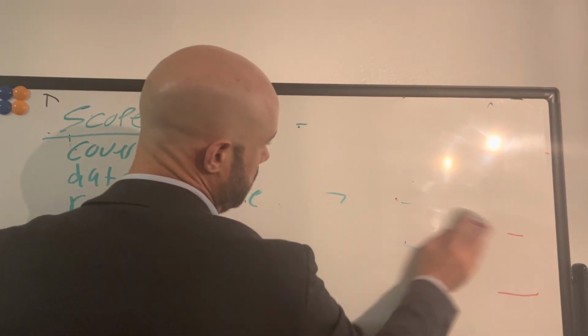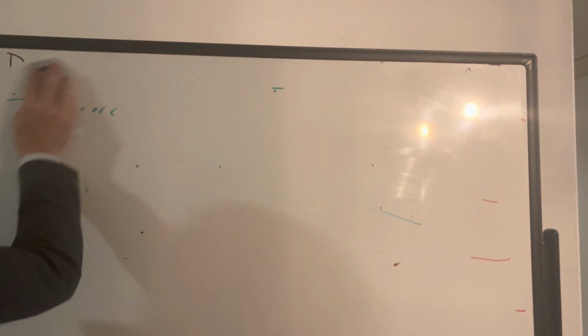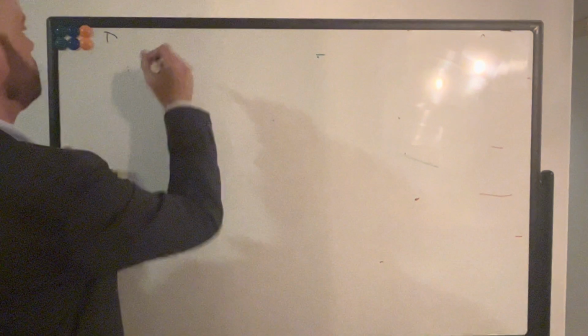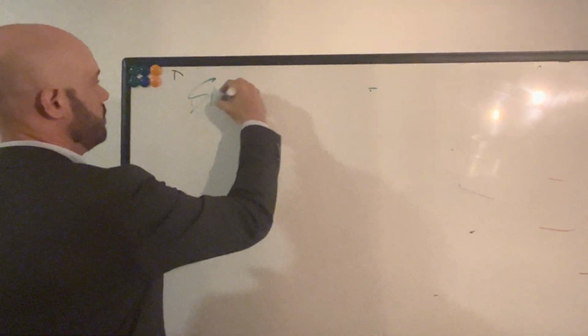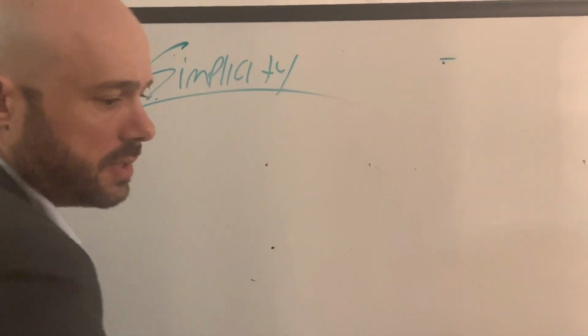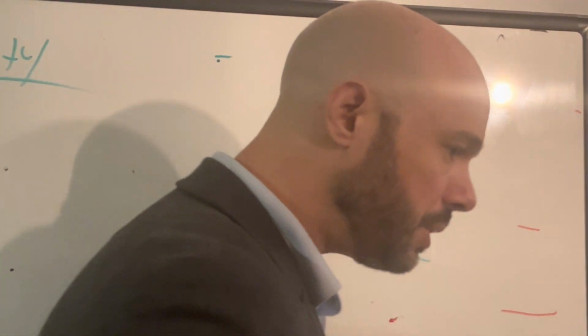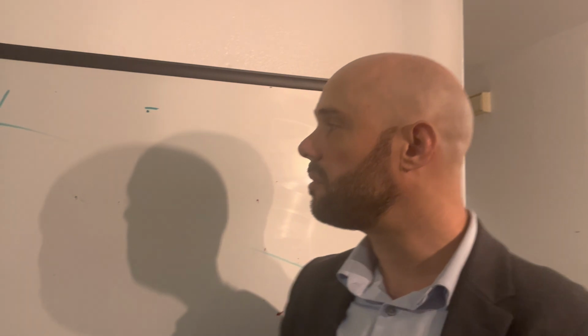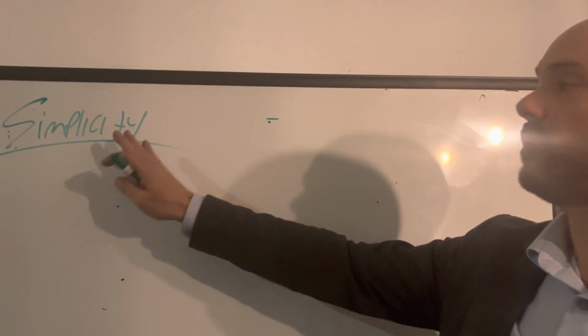The next one we're going to look at is simplicity. Simplicity is also, some people call it parsimony, and some people call it Occam's razor. This simplicity is preferred for me, at least, in a lot of ways.